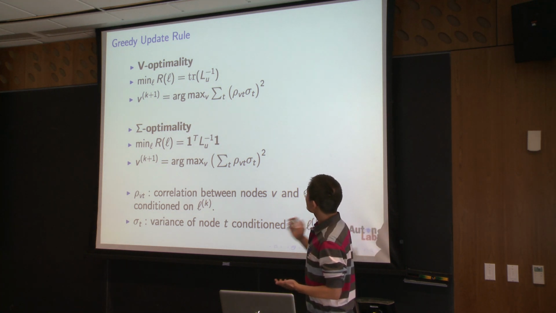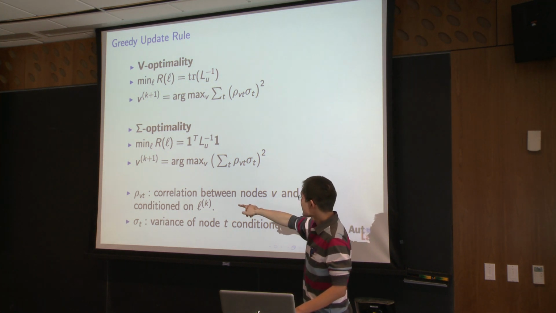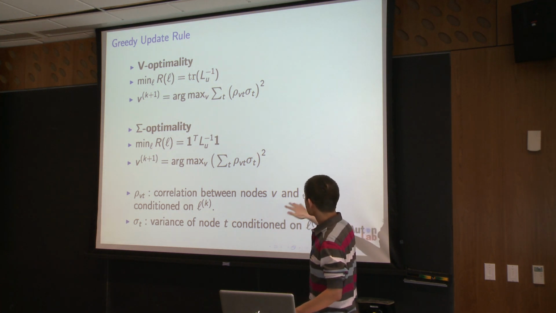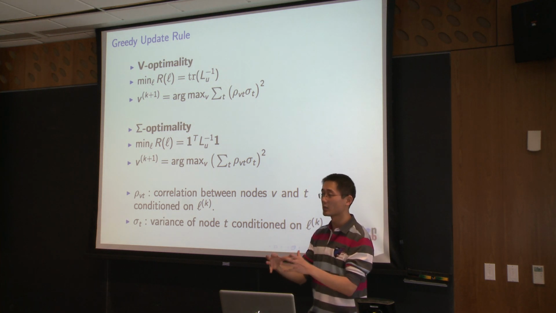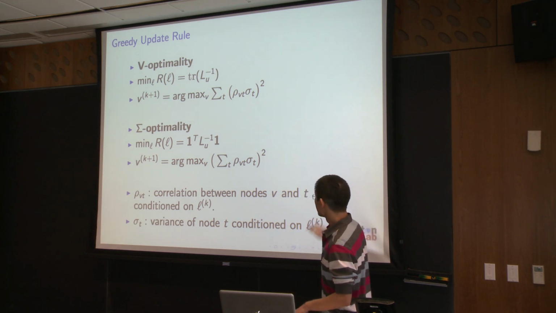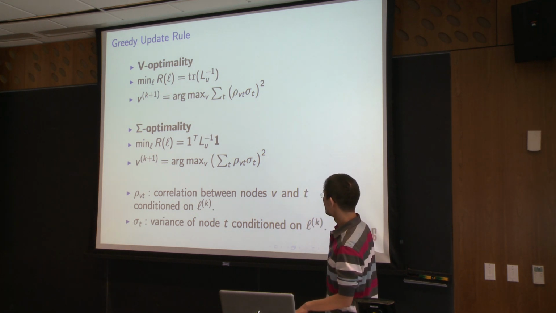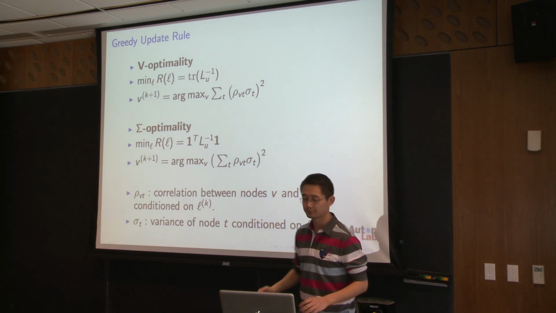And here are two new notations I need to explain. Rho_vt is the correlation between nodes V and T conditioned on all the k nodes that we have previously added to our set. This sigma_t squared should be the variance.